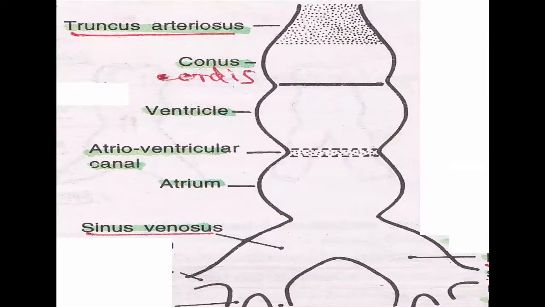And I also told you that the vitelline vein drains the yolk sac. And I am repeatedly telling you that the yolk sac will be incorporated into the embryo during folding of the embryo and will become the digestive tube. So the vitelline vein drains the yolk sac, that means the digestive tube later on.